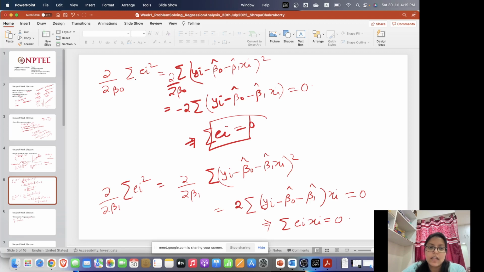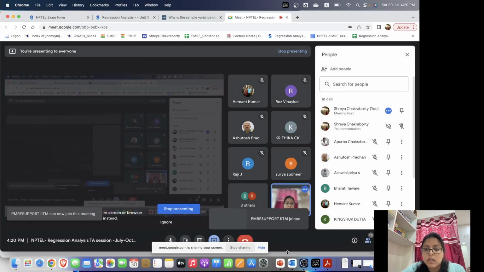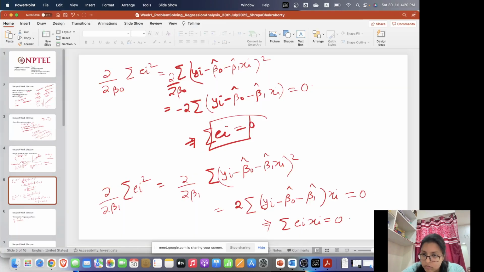So we have two parameters, beta naught and beta 1. Once we are taking a derivative with respect to beta naught, and the second one we are taking a derivative with respect to beta 1. Now come to this equation. This is summation ei square. Ei is yi minus y hat, the predicted y. So when we take a derivative with respect to beta 1, it is like d/dx of x square equals 2x.